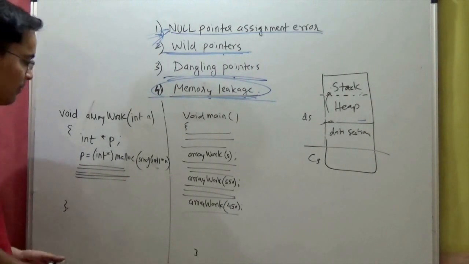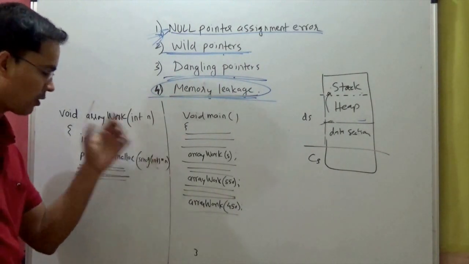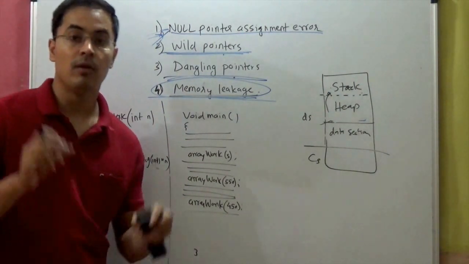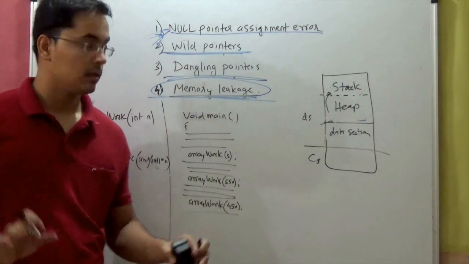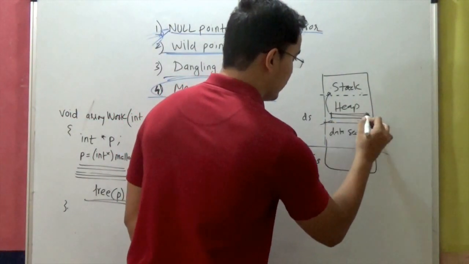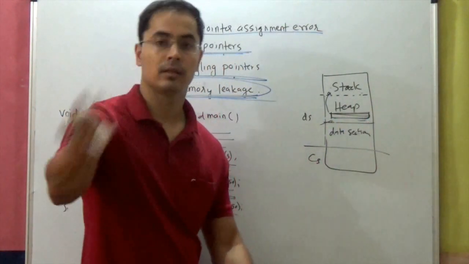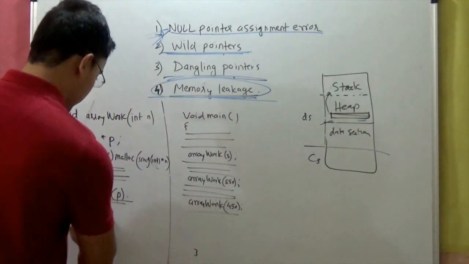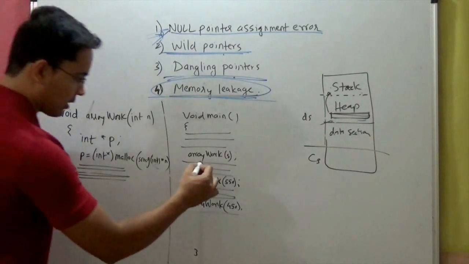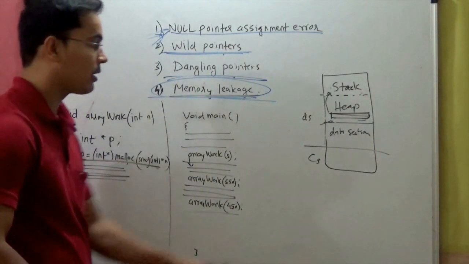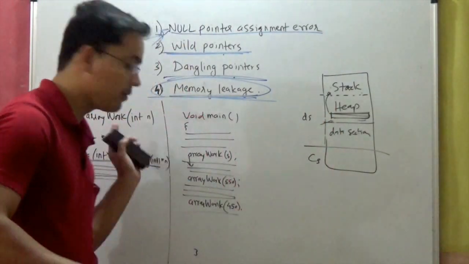When you do not write free and you allocate memory for whatever amount of bytes, that memory block will remain allocated. The operating system will not know that that area of memory can now be allocated to some other call, some other function, right? So as soon as you exit this function and continue your execution, this area of memory remains allocated to the previous call.